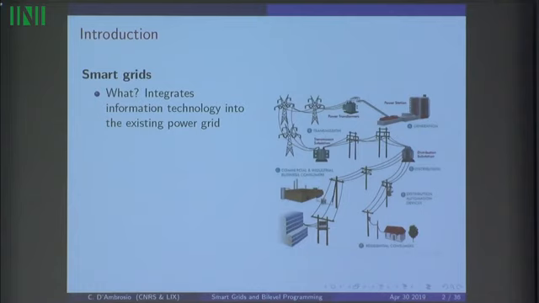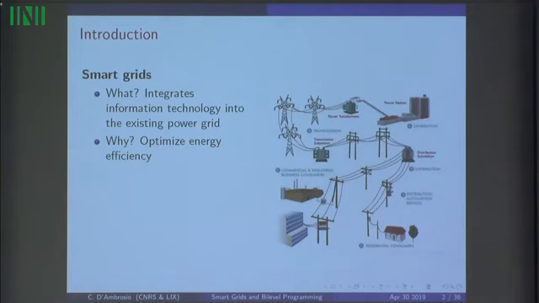I will talk about smart grids when there is some information technology integrated in the electrical grid. So we have a grid, we have some devices installed in the grid that can communicate in particular the status of the grid. This is what I mean by the term smart grid.